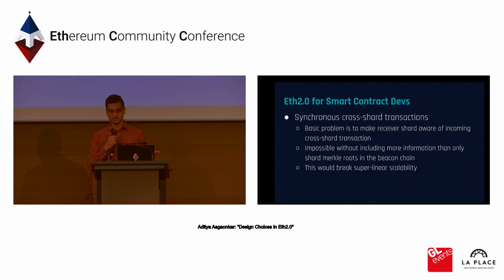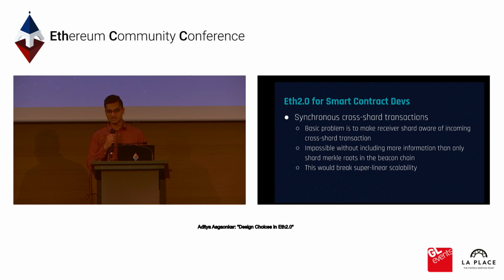Because what we said initially was in order to get scalability, we separate committees of validators, and they are responsible for entirely different shards. So validators from shard B are not supposed to look into data from shard A. So there is one cheap hack that we can do. Just put these transactions into the beacon chain.